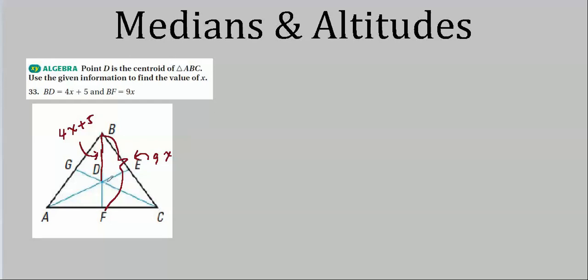D is a centroid. Remember, that's the point where all the medians intersect. And what do we know about medians? Where they intersect divides the median into 1/3 and 2/3. So 4x plus 5, I didn't write it in here.